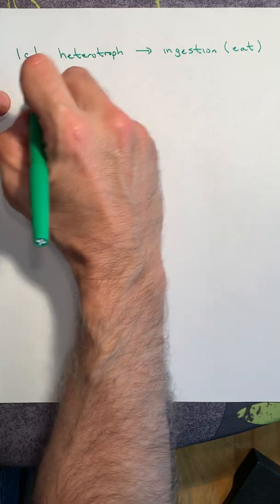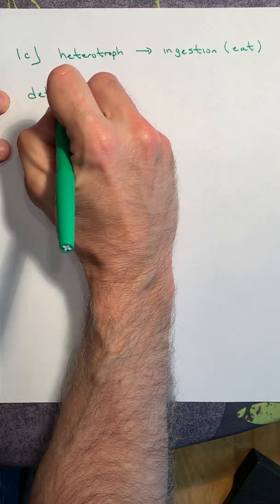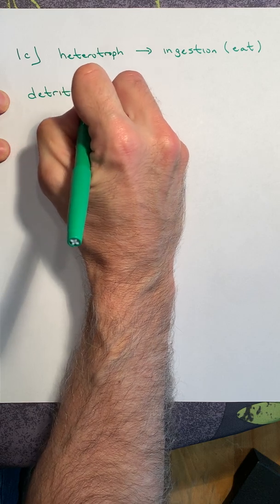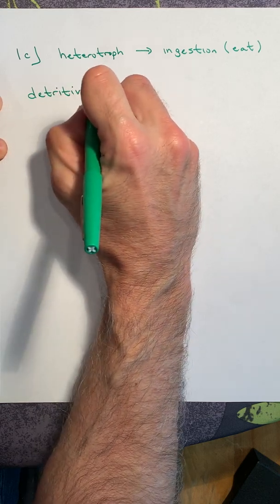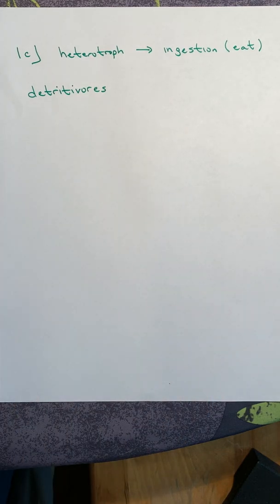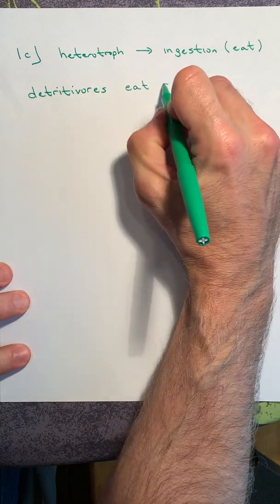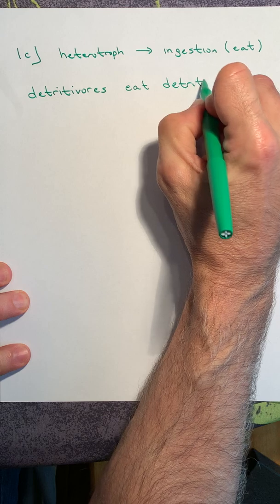Okay, and then they throw out the term detritivore. Now, this is a great example where I could have you memorize this, and I could then give you a Scantron test, and I could teach you that detritivores eat detritus.